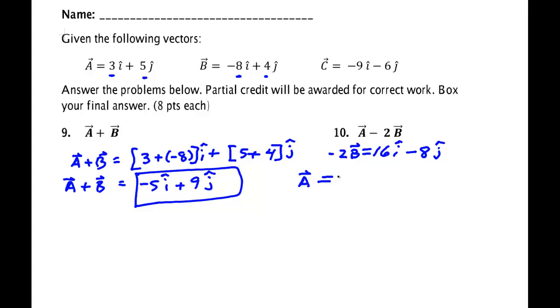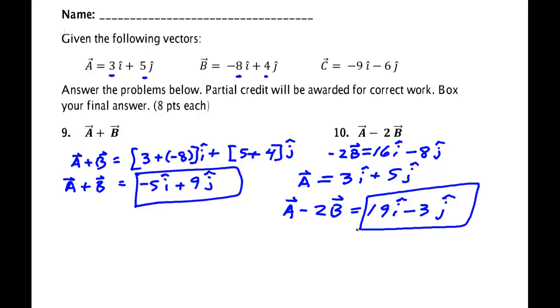And we have a is equal to 3 i hat plus 5 j hat. So a minus 2b means to take a and add negative 2b. So I have 3 plus 16 is 19 i hat. 5 plus minus 8 is minus 3 j hat. And that completes problem number 10 on this particular assignment.